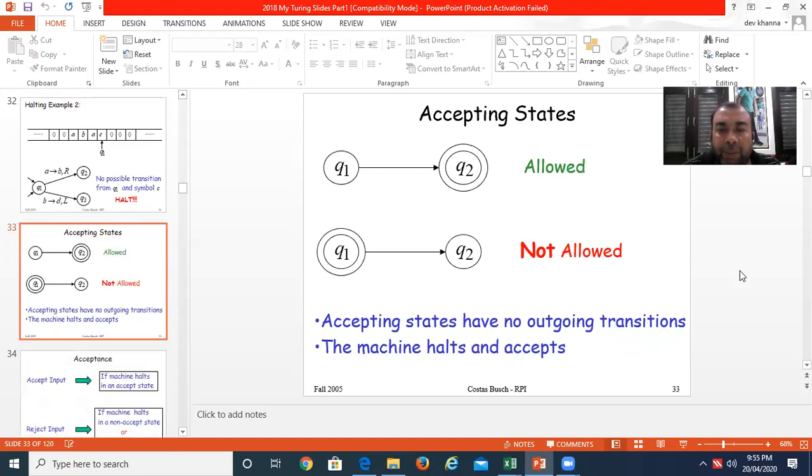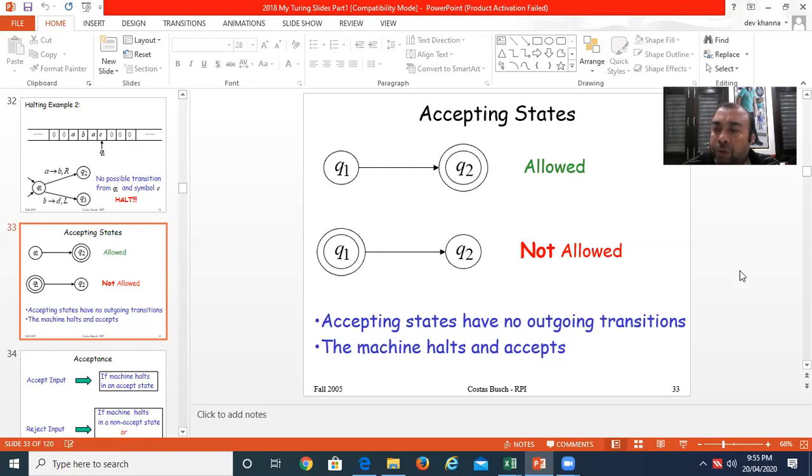So accepting state means you are in state Q1. I assume that Q1 must be a starting state, and you finally reach the final state Q2. So that is allowed. And if you switch from a final state to a non-final state, that is not allowed. That we have also seen in case of NFA and DFA, that in between you reach the final state, and after reading the last character you reach the non-final state.